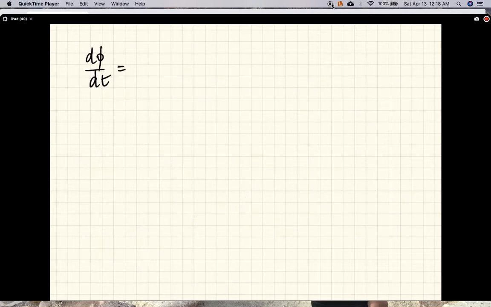So dphi by dt works out to negative 0.23.